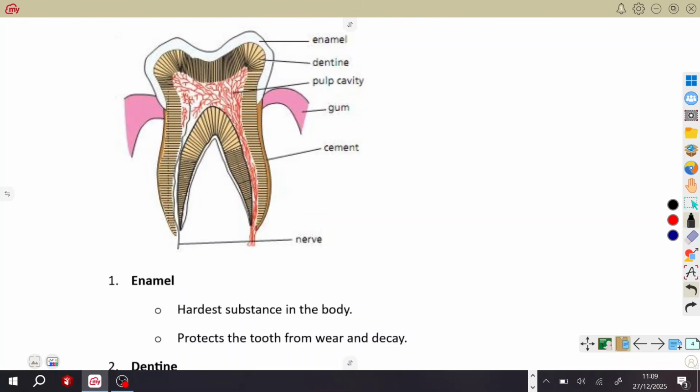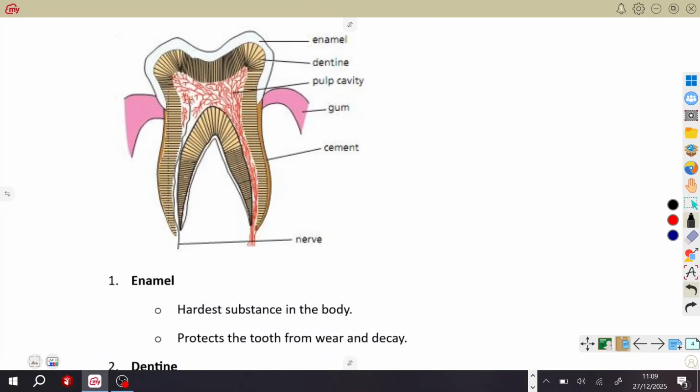So the enamel is the hardest substance in the body to begin with. Then the function is that it protects the tooth from wear and decay. So this part here, no wonder it is hard, so that it protects the tooth from wear. Like the teeth dissolving, becoming smaller and smaller as you eat food.